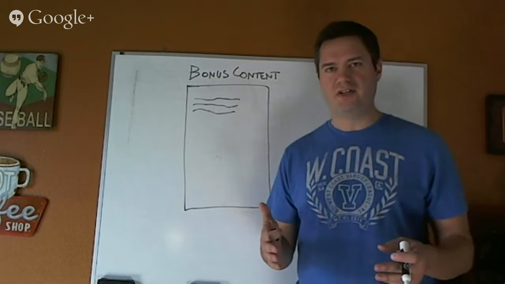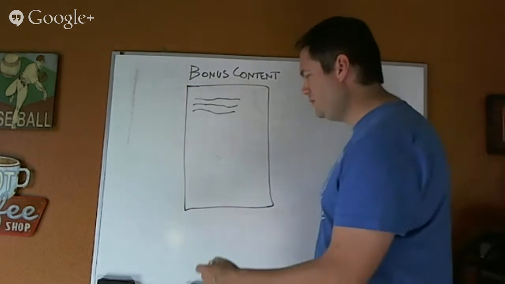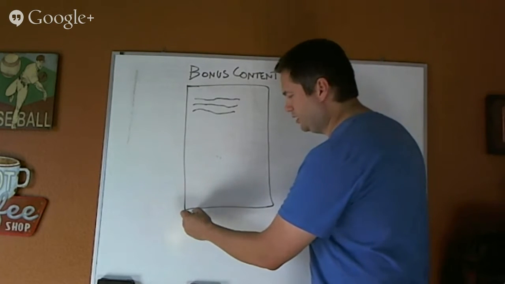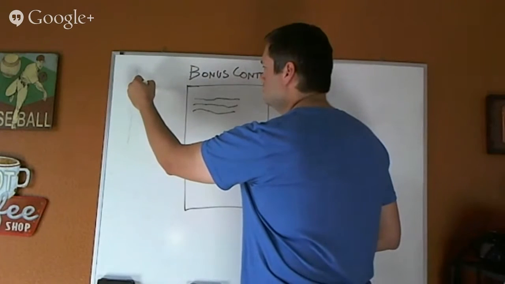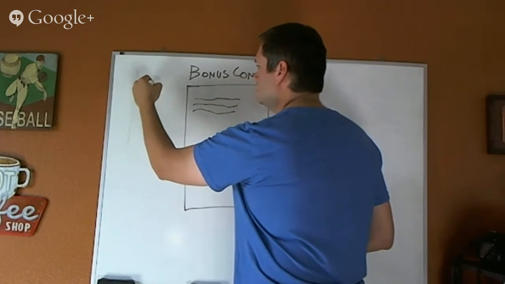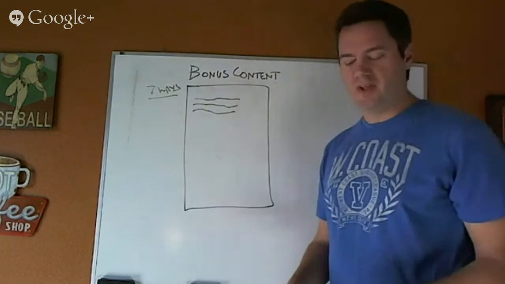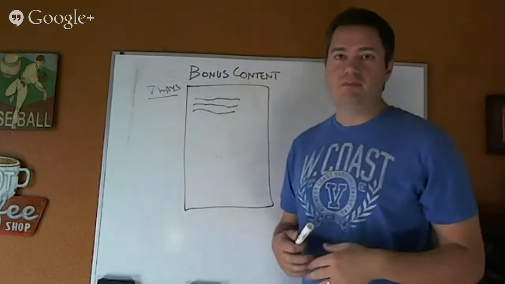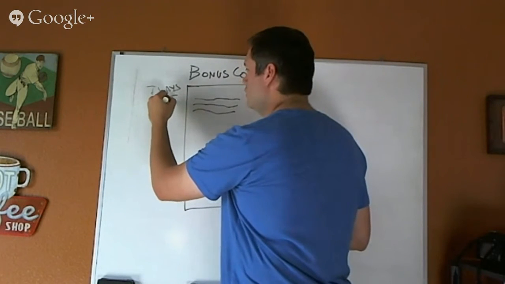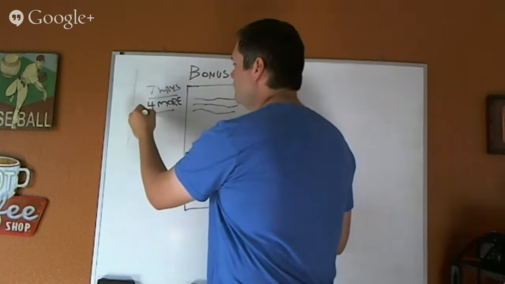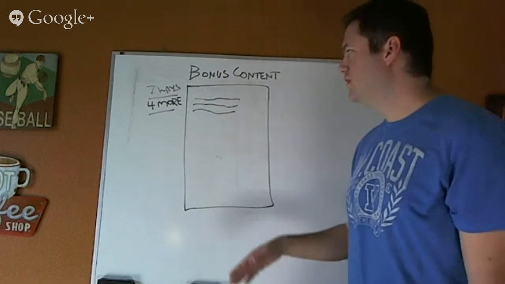But there is a process to this, and that's what I'm going to walk you through. So I'll give you an example. Maybe your blog is about 7 ways to do something, and as a bonus, you're going to say, here are 4 more of my favorite ways to do it.